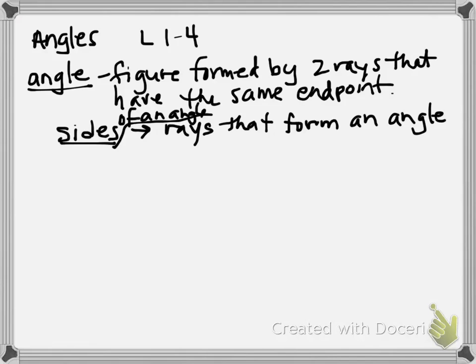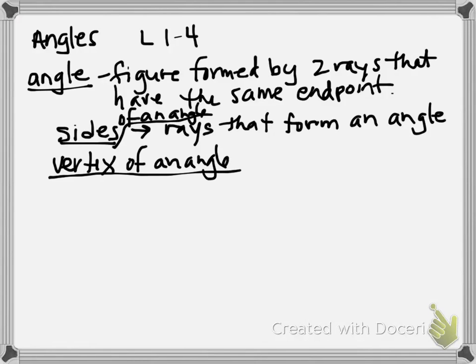And the place where the rays meet, what's that called? Say again? Vertex. Yeah, they form a vertex. See, letter V? So the vertex of an angle. So notice three vocab words. The vertex is the common endpoint of an angle.